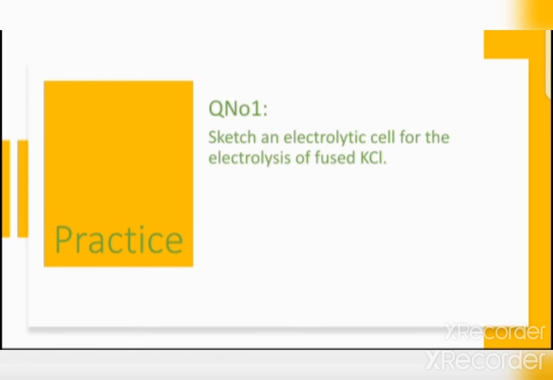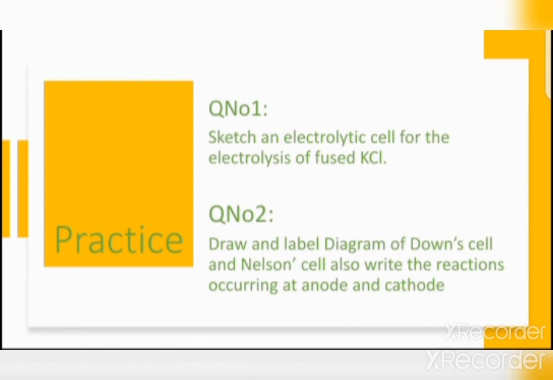In this question, you have to draw the diagram of the electrolytic cell, label anode and cathode, and also show the direction of flow of current. Question number 2. Draw and label diagrams of Downs cell and Nelson cell. Also write the reactions occurring at anode and cathode.